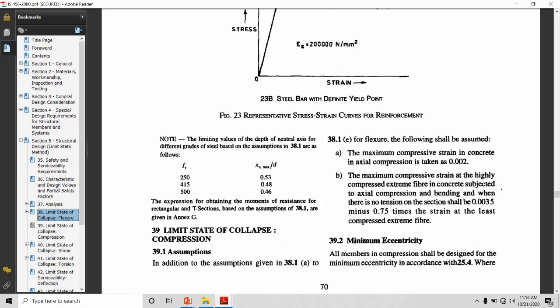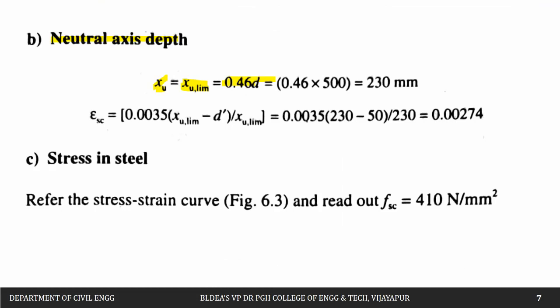XU max by D, the limiting value of depth of the neutral axis, for Fe 500 steel is 0.46. So XU max divided by D equals 0.46, therefore XU max equals 0.46 of D. D is the effective depth, so 0.46 multiplied by 500 equals 230 mm.